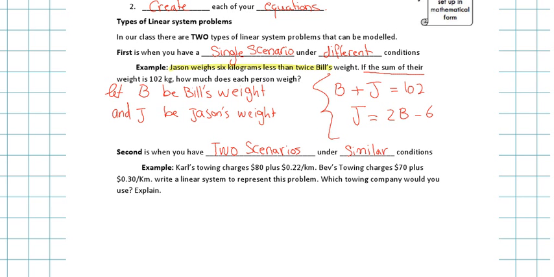Carl's Towing charges $80 plus 22 cents per kilometer. However, Bev's Towing charges $70 plus 30 cents a kilometer. Write a linear system to represent this problem. Which towing company would you use? Explain. We're not going to do this part for now because we're just going to set up the equations.